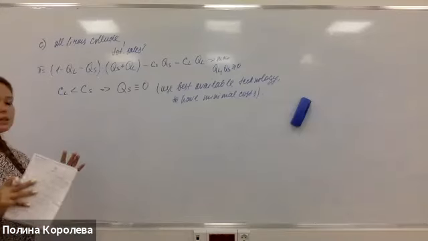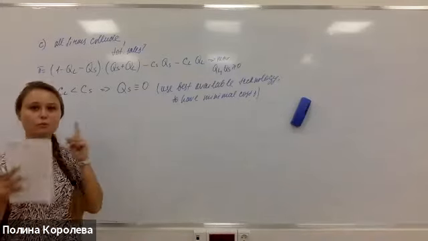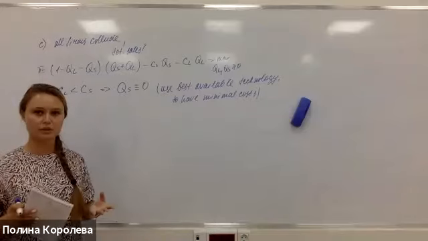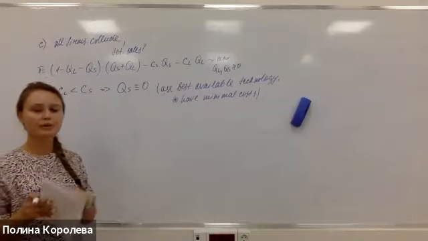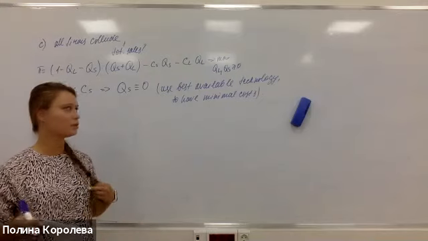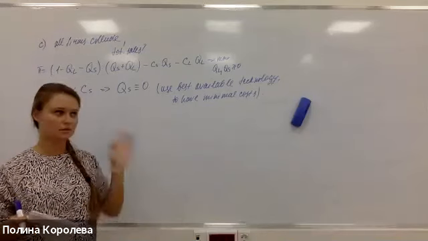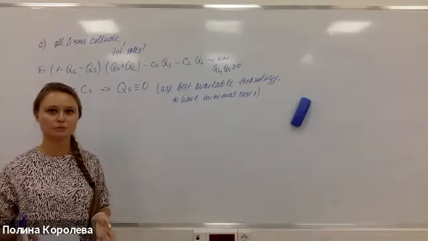It is now one big firm. All firms collude, and they will have one very big profit. And then how do they divide this profit? It's not our task. It's their business how to divide this profit.